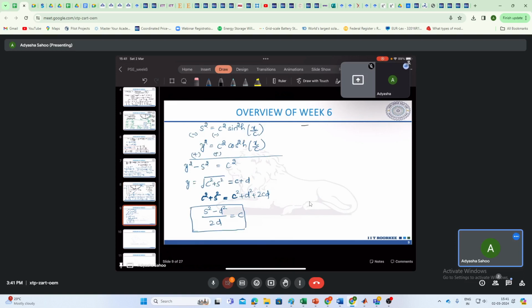So T maximum at the tower support, that is weight into Y. So Y we had seen is C plus D, or instead of C we can write s square minus d square by 2d plus d. So basically 2d square, so this will be s square plus d square.